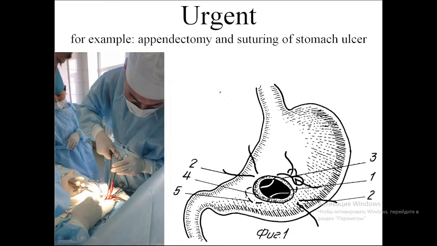And in the second picture, you can see the suturing of a stomach ulcer. It's a perforated stomach ulcer, and this ulcer needs suturing. And you can see in this slide the suturing of this ulcer. Let's repeat, it's an urgent operation.